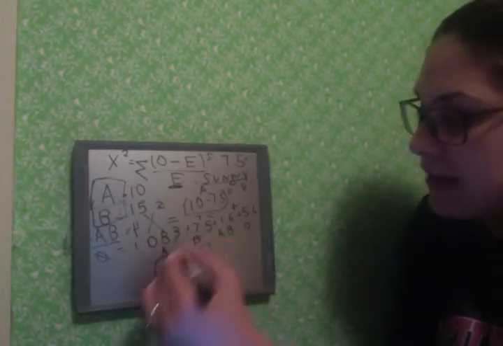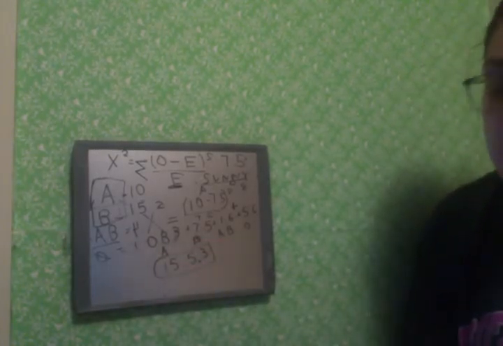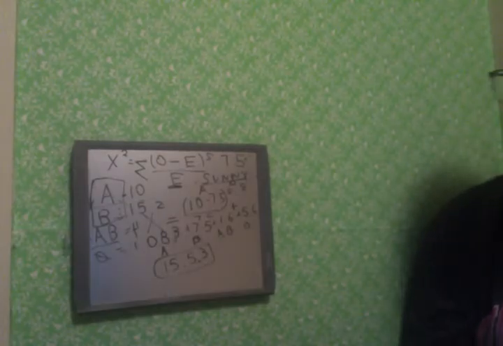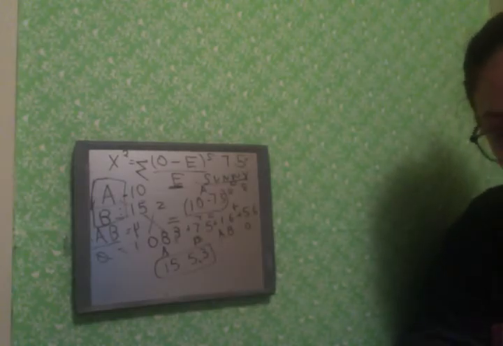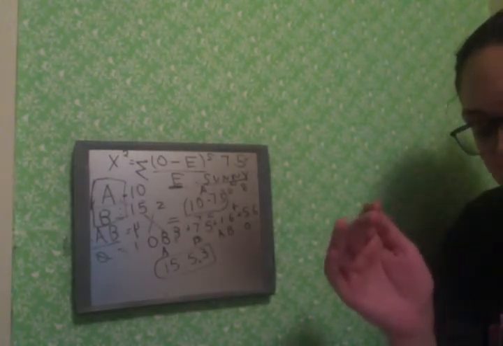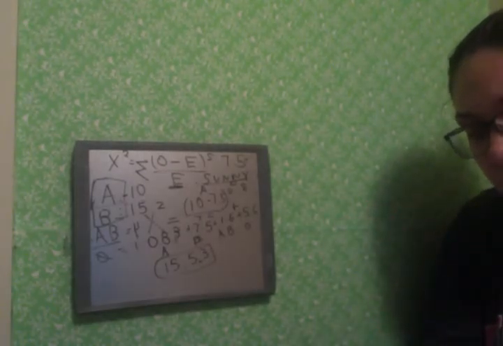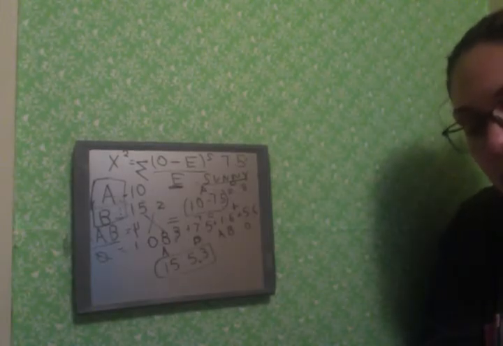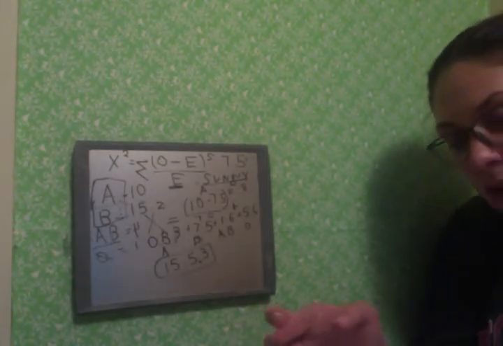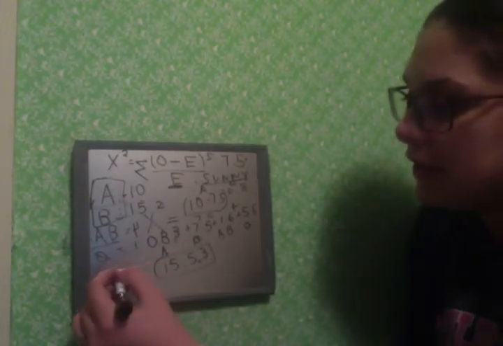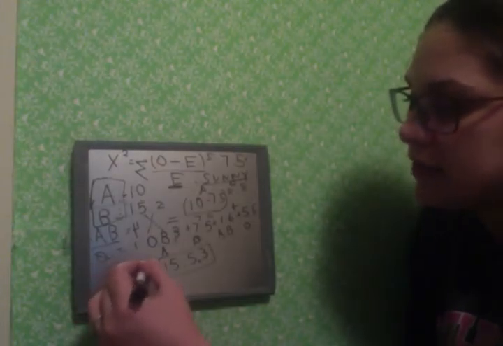And that is your chi-squared for sunny. So now you have to go to your little probability table on page 123. Go down the row for 3 degrees of freedom and the P.05 column, and your critical value is 7.82.